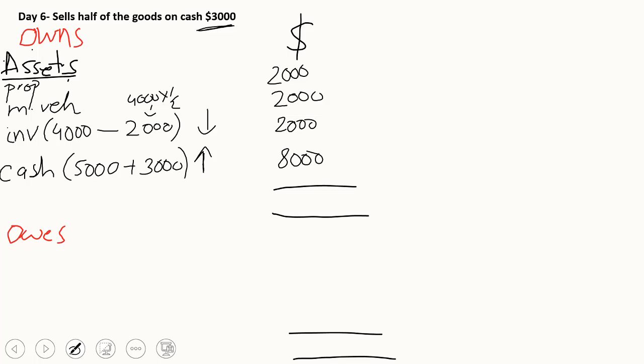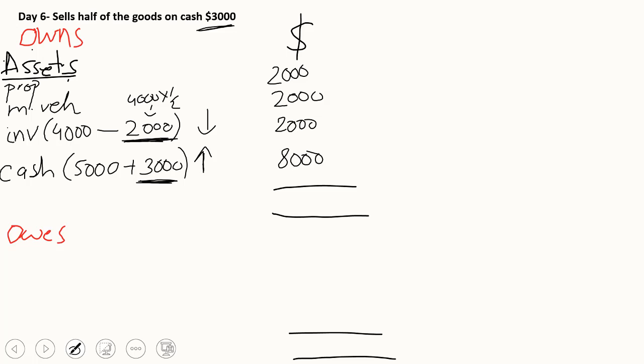Now you must have noticed something. Inventory costing $2,000 is sold for $3,000. So what is this $1,000? It is profit. And where will this profit go? Now let's see.